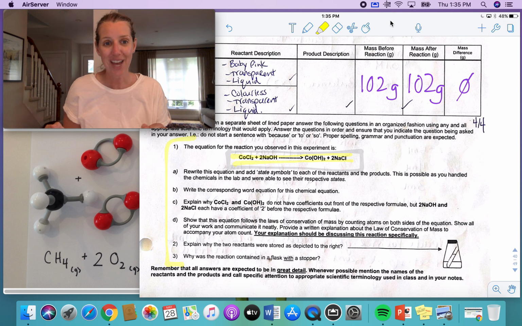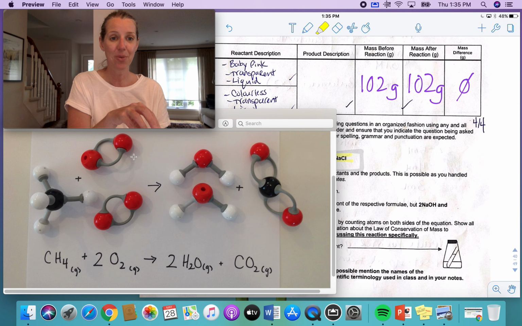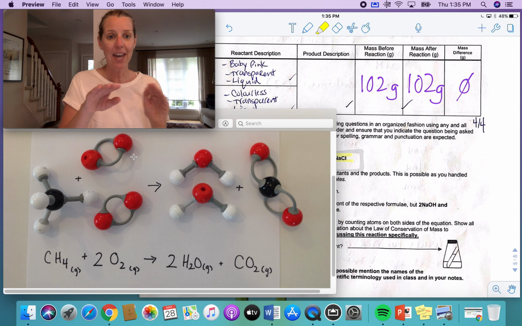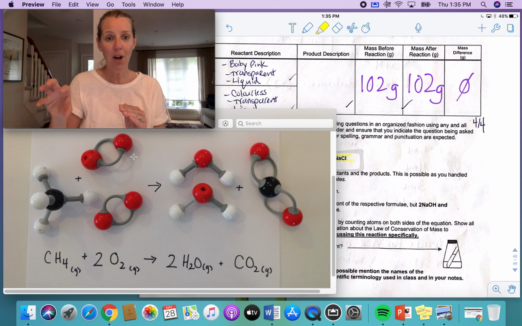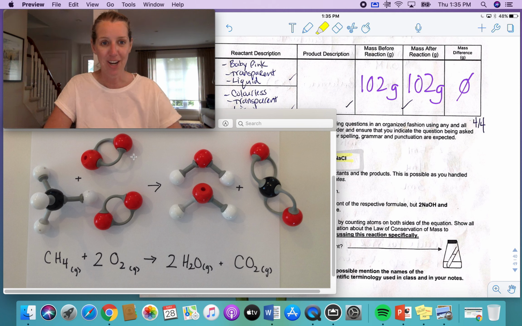That's the kind of math we'll do in grade 11 chemistry, but it's all based on understanding the law of conservation of mass: no atoms are created or destroyed, they're simply rearranged. The bonds inside the reactants break, atoms rearrange, and new bonds form between the atoms to make new products, or new molecules.